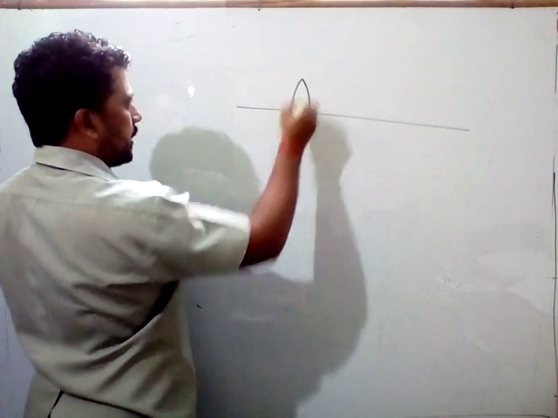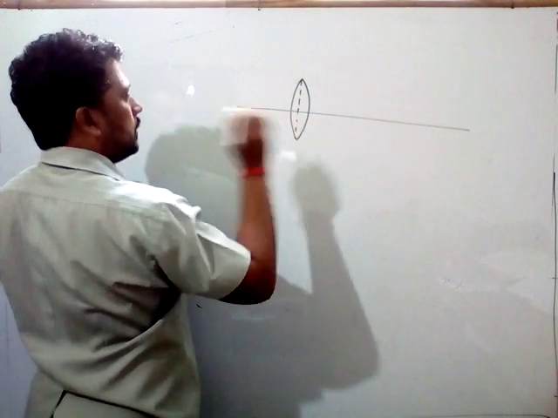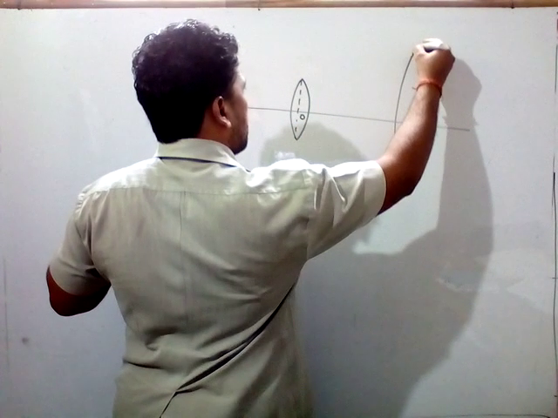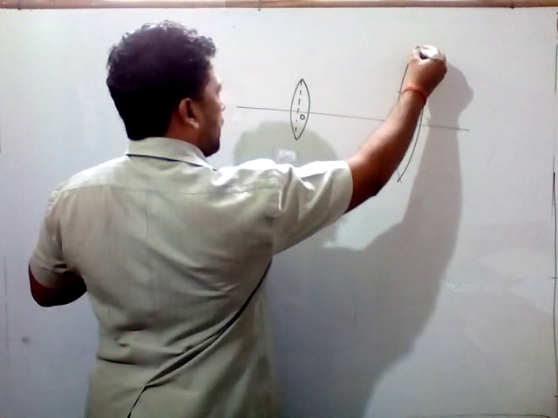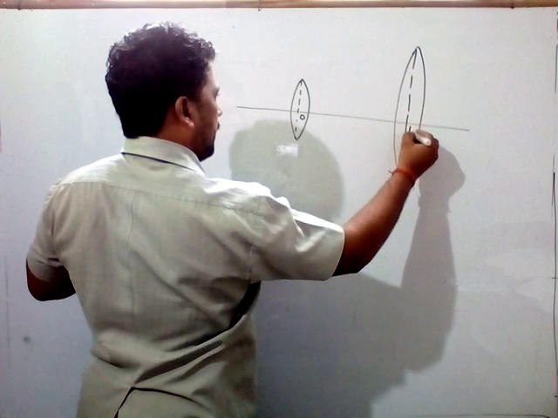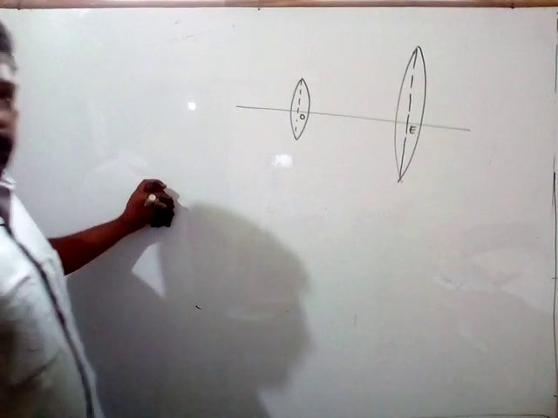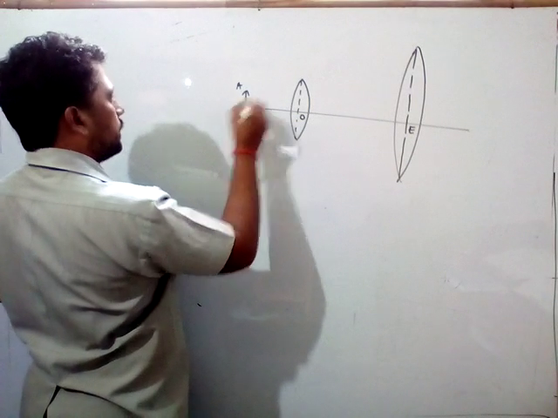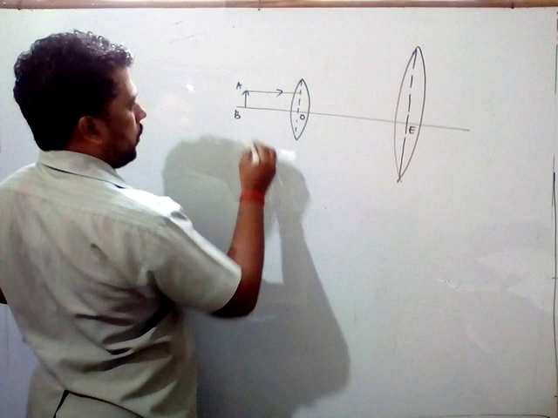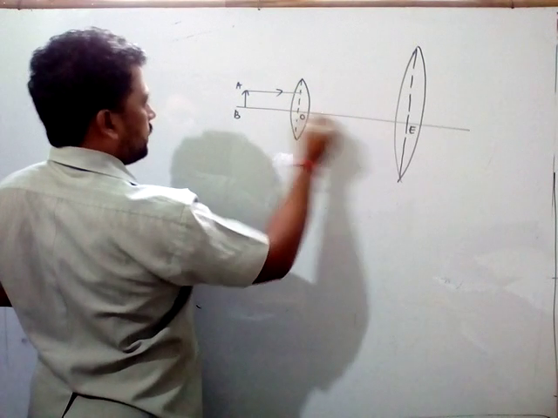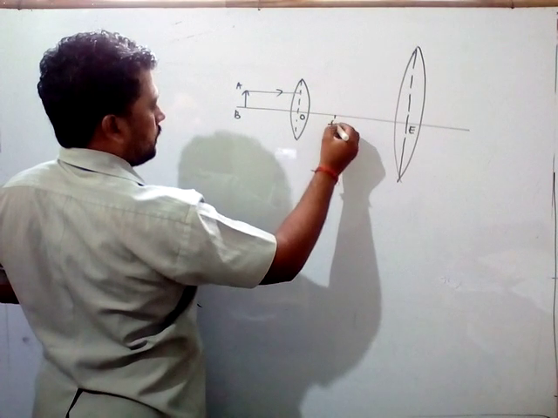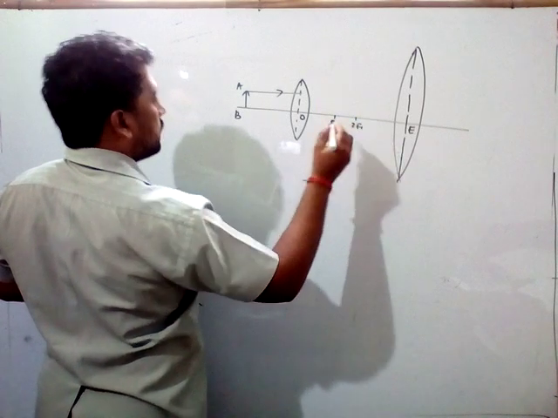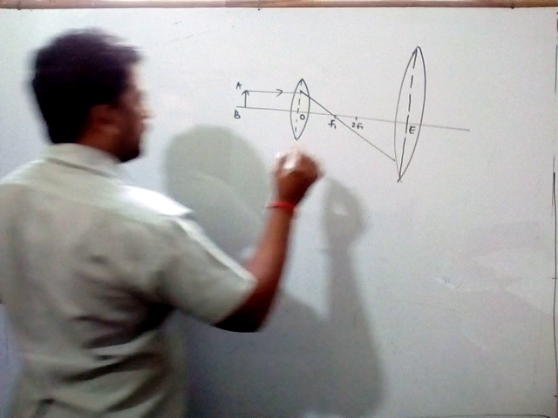This is the objective lens O, and this is the eyepiece lens E. This is an object AB whose image is formed like this.